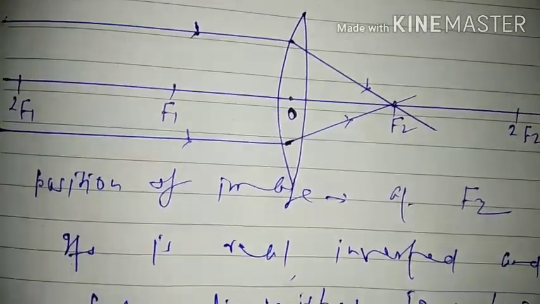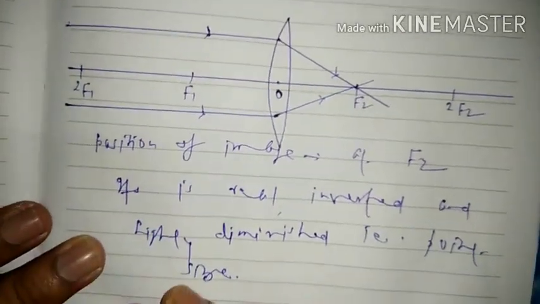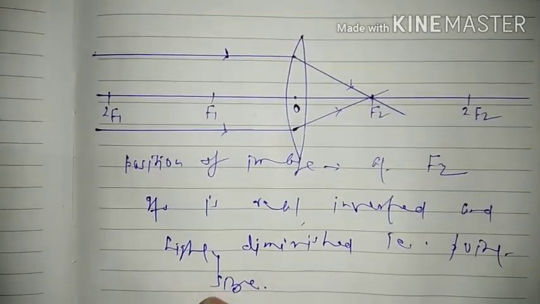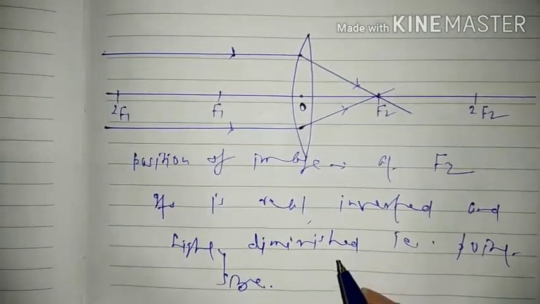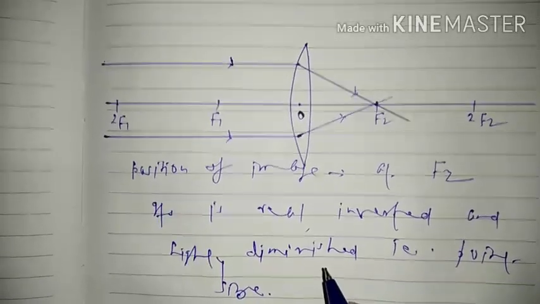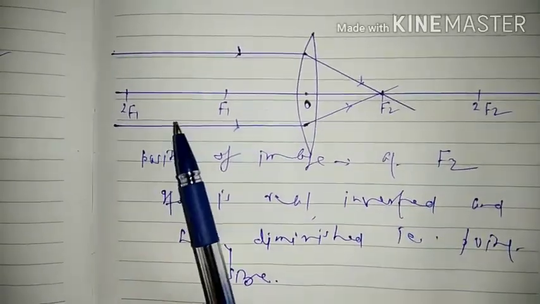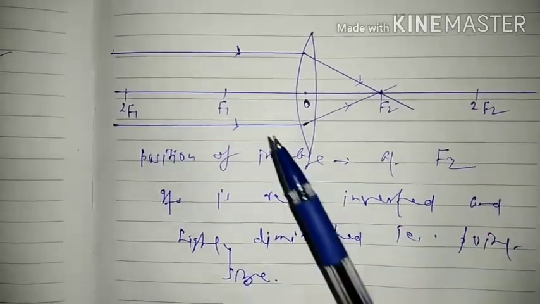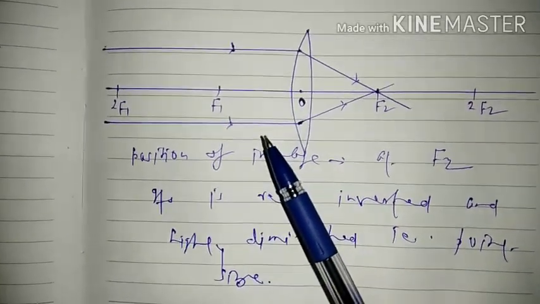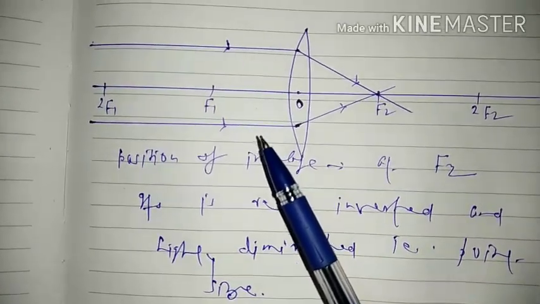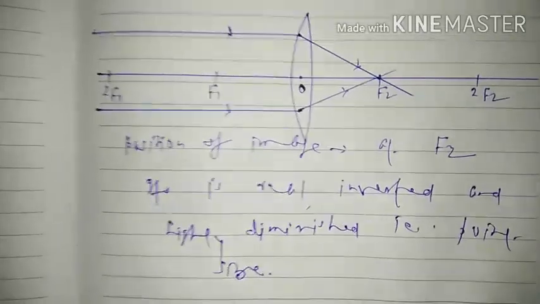Now, as we had seen in the case of concave mirror, 6 cases. Similarly, for convex lens, again we shall see 6 cases, and with the change in object distance from the lens, position, nature and size of the image also changes. So, second case.